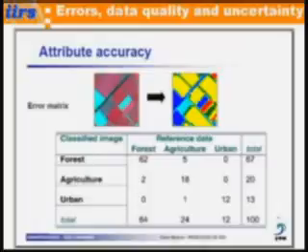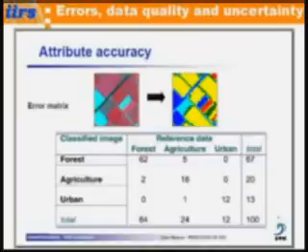Suppose you went to the ground and found these are the forested areas. The forest should be like 64, and 24, and then 22. But when you classify it, instead of 64, probably it is classified as 62. So there are differences coming.